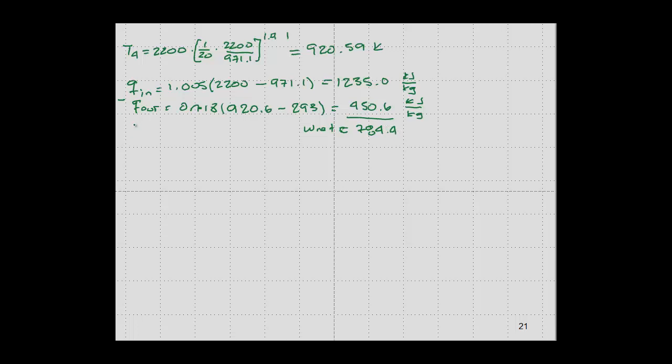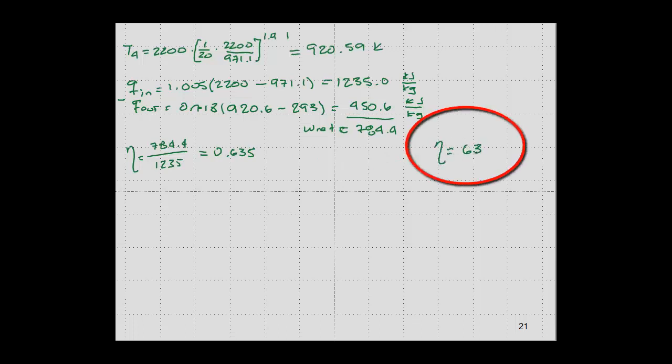With this we can compute our efficiency, which is the first thing that we can get. 784.4 divided by 1035 gives us 0.63. If we multiply times 100, we get it in percentage, so the efficiency is 63.5%.